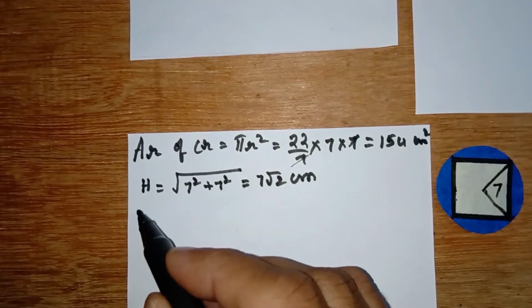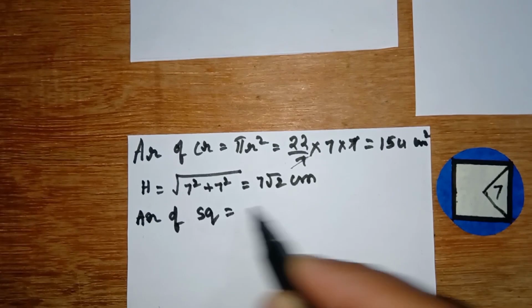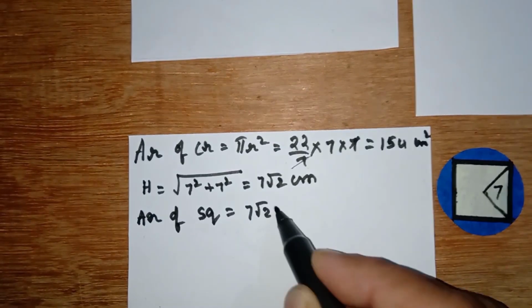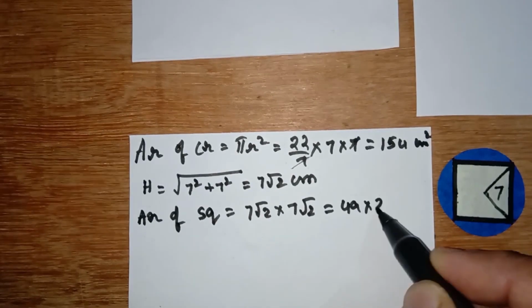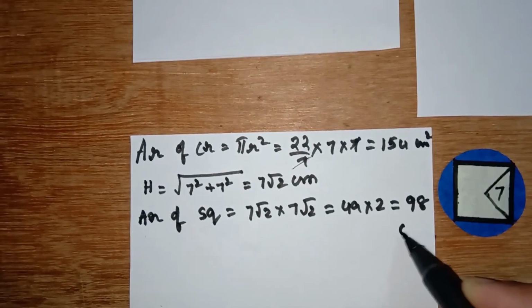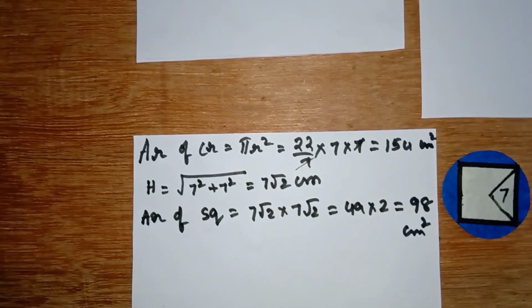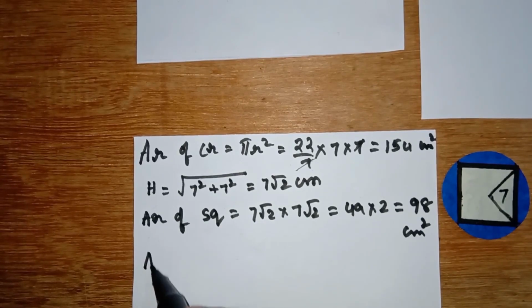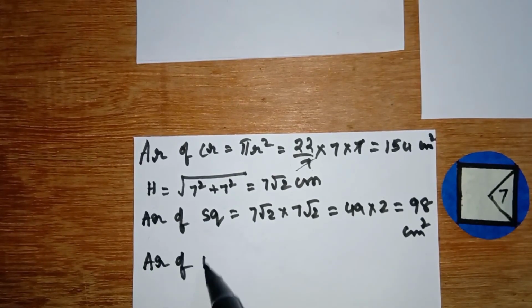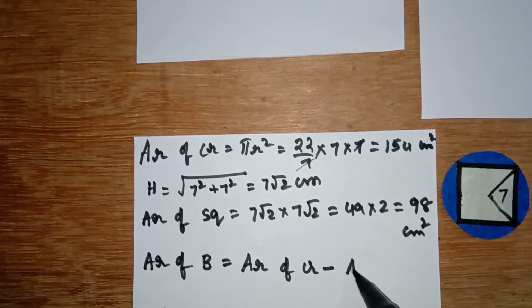Therefore, area of square is side into side, 7 root 2 into 7 root 2, 49 into 2, 98 centimeter square. Therefore, area of blue region equals area of circle minus area of square.